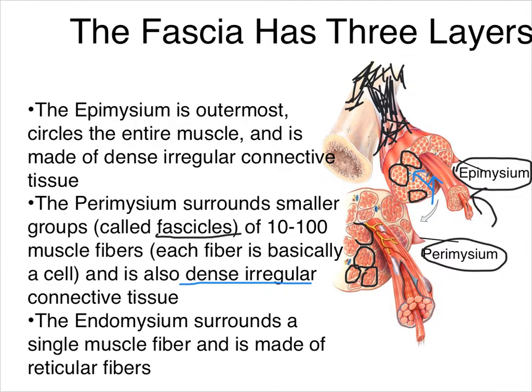This here. Each of those looks like a bundle, and each of them is a bundle, but each of them is also a muscle fiber. As we will see, muscle fibers contain bundles of what are called myofibrils, which are the contractile proteins.